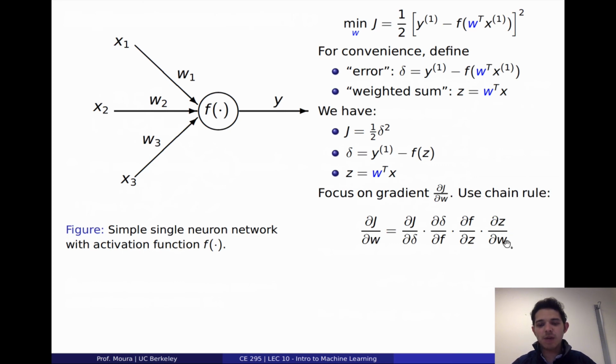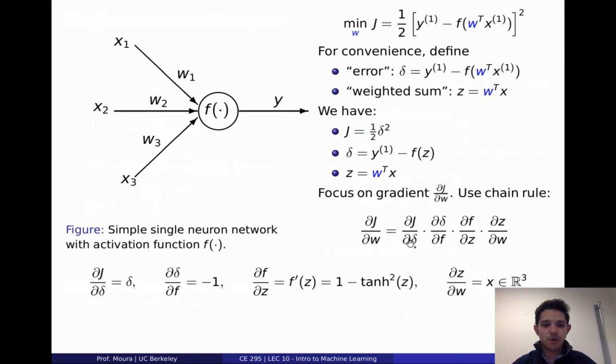And with this decomposition, now I can focus on computing the gradients for each of these four terms here. So for example, partial J partial delta is just the derivative of this first bullet point over here. We can see that's delta. Partial delta partial f is just -1. We'll just get -1 to pop out. Partial f, partial z. So f is this hyperbolic tangent.